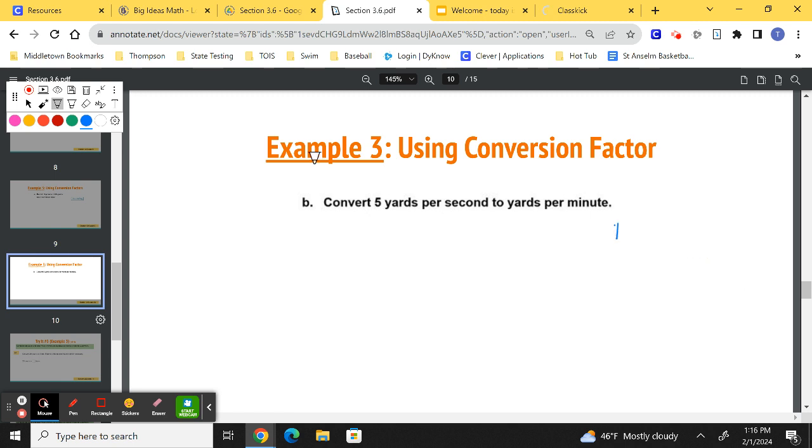So 1 minute equals 60 seconds, correct? Where'd you get that? Well, look, it says convert 5 yards per second to yards per minute.